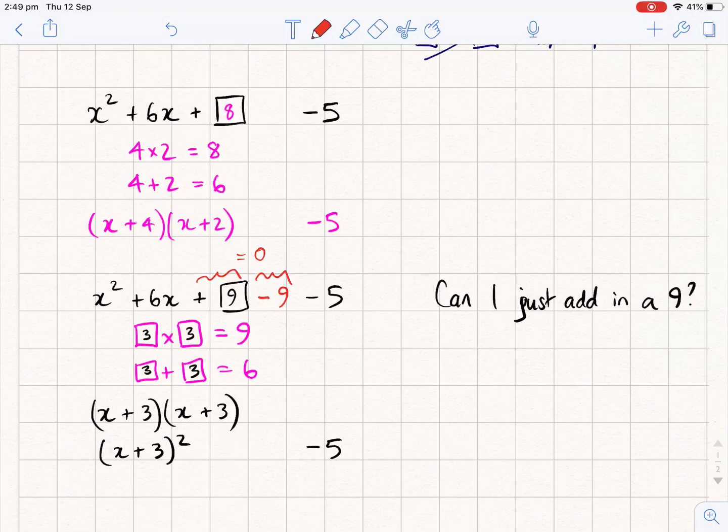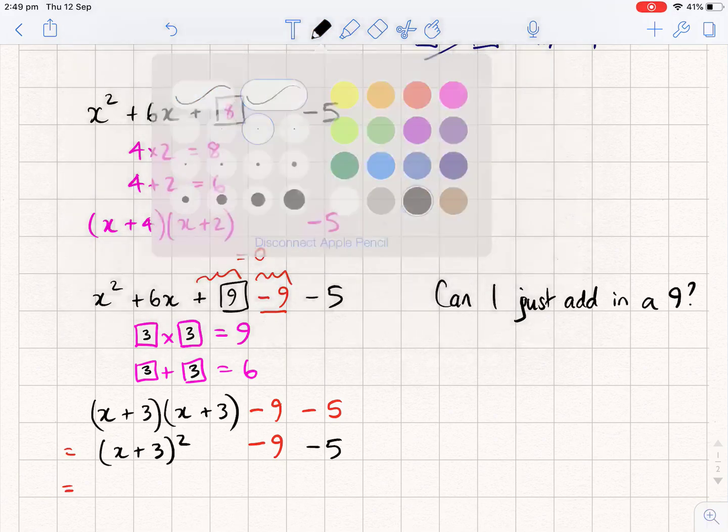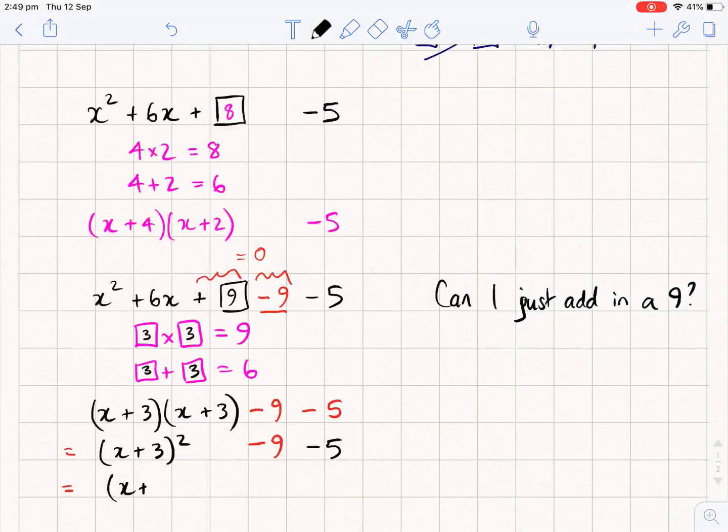And if I've added 0 to the equation, I haven't actually changed the value of the equation at all. So this makes it all okay. So that 9 there, let's keep that going in my expression down the bottom here. I'd have minus 9 minus 5, and then minus 9 minus 5 at that step. And then finally, I can rewrite my equation as x plus 3 all squared minus 14.